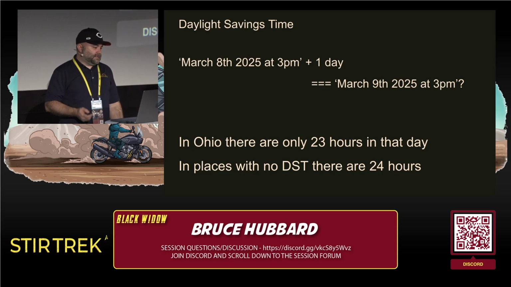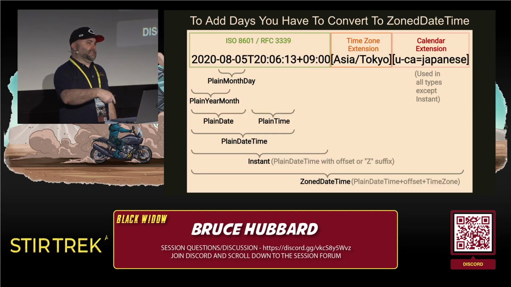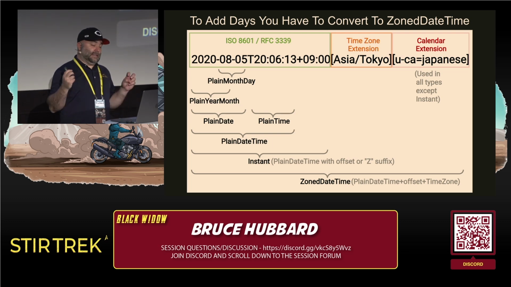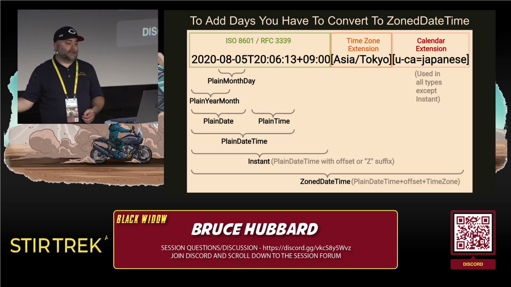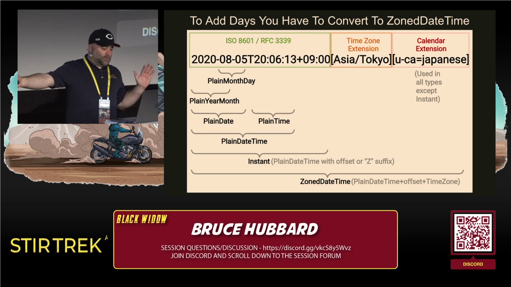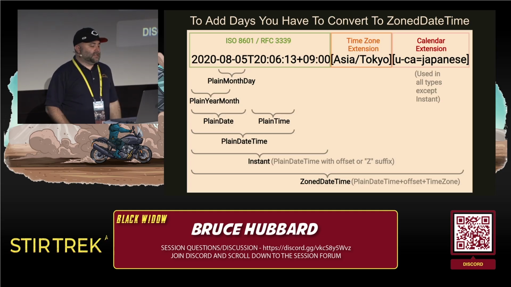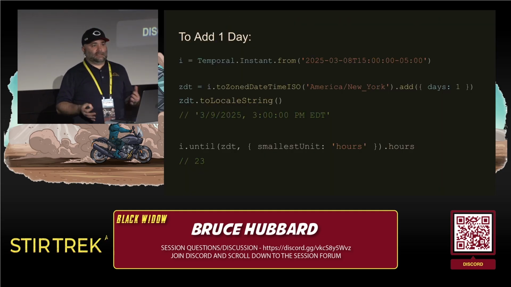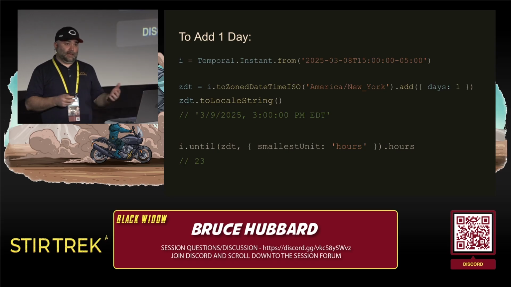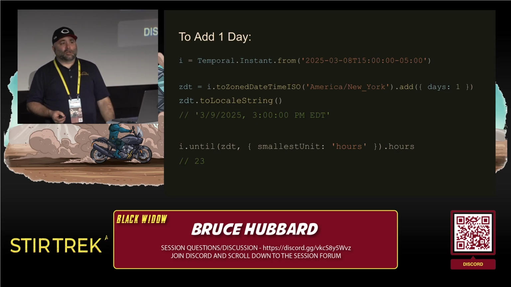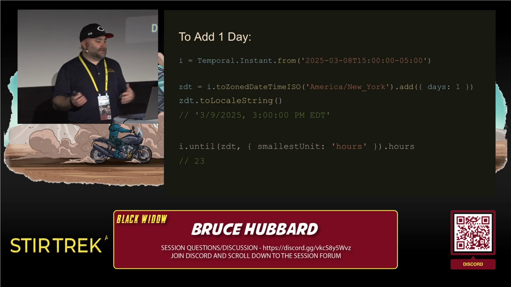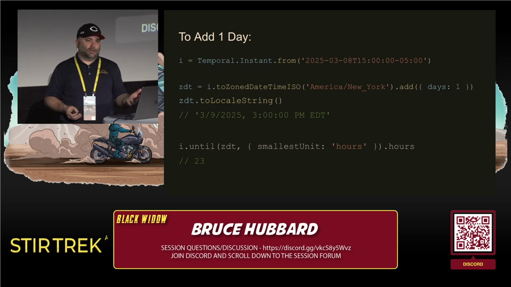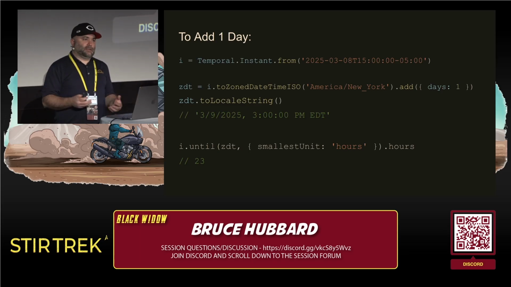All right, so in order to add days to an instant, you have to convert it to a ZonedDateTime, which if you remember from the graph I showed you, is the long one at the bottom. So it adds that time zone extension and calendar extension. So here's an example. If you have an instant, in this case, it's the same daylight savings day, March 8th at 3 o'clock, I can convert it to a ZonedDateTime by telling it what time zone I'm in, in this case America/New_York.